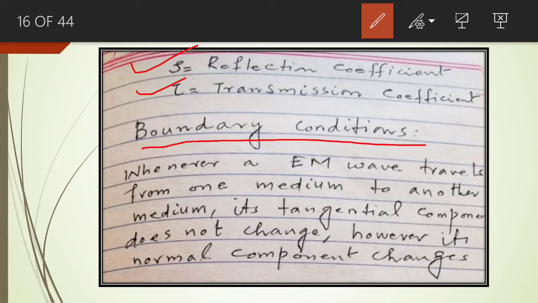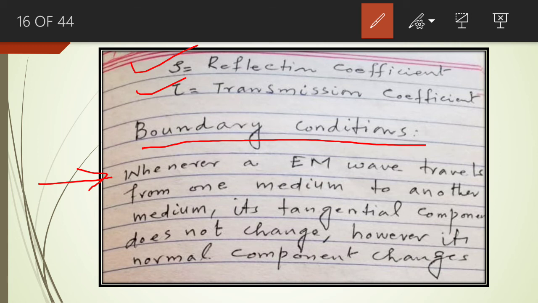The boundary condition states that whenever a wave travels from one medium to another medium, the tangential component of the wave does not change. However, its normal component changes. So whenever a wave travels from one medium to another medium, the tangential component of the wave will not change and the normal component of the wave will change.